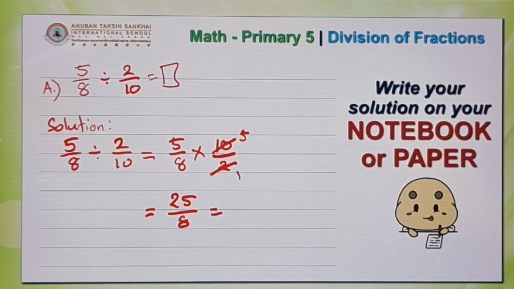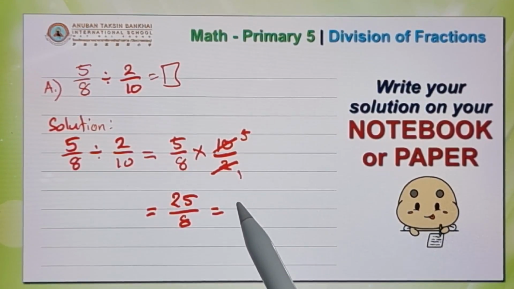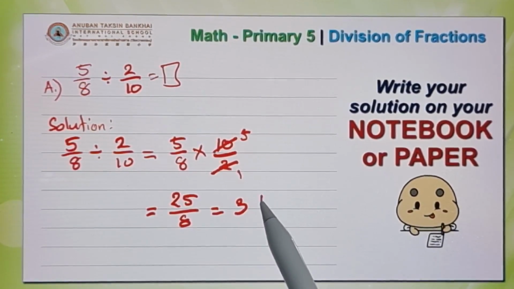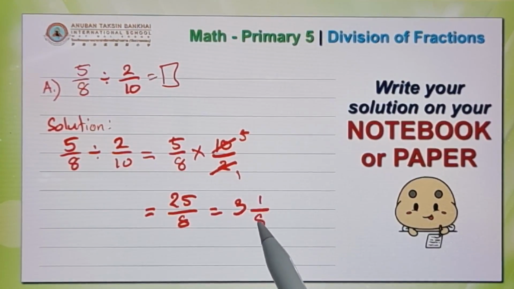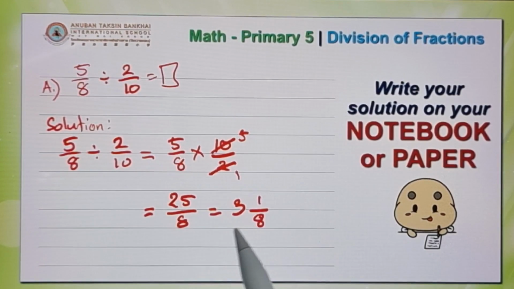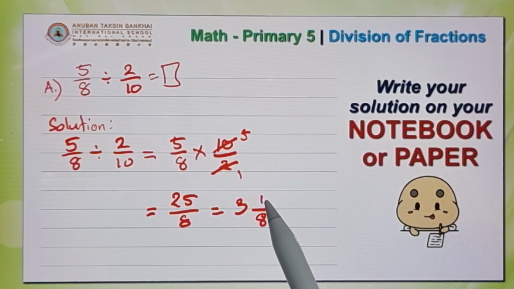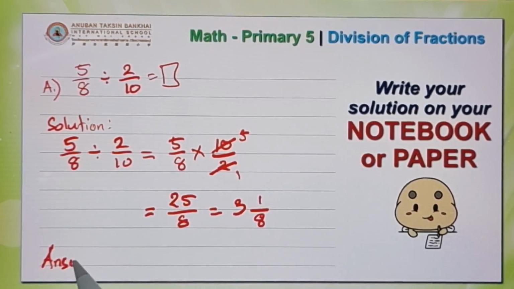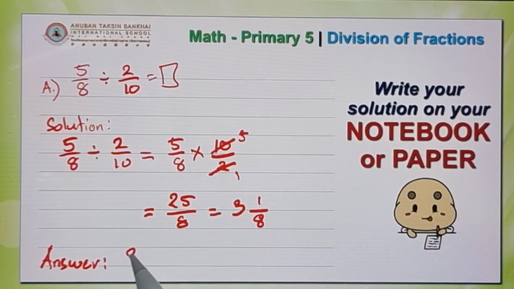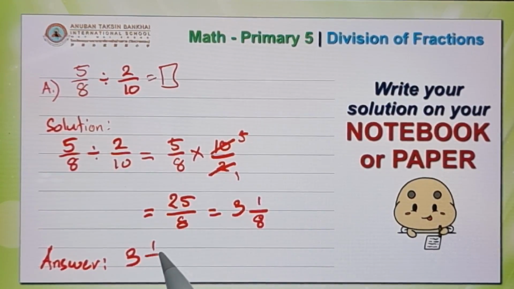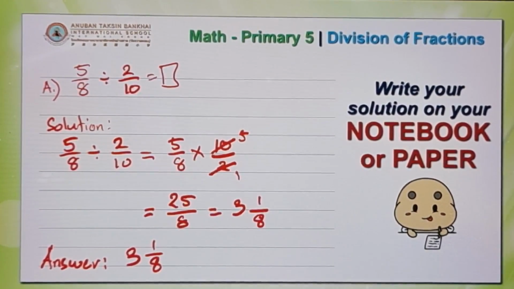We have 3 and 1 over 8. So we divide 25, we got 3, and then we have a remainder of 1, and we copy our denominator, which is 8. So our final answer is, of course, we have 3 and 1 over 8.